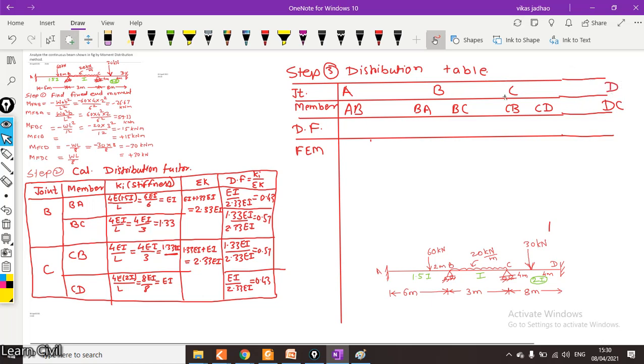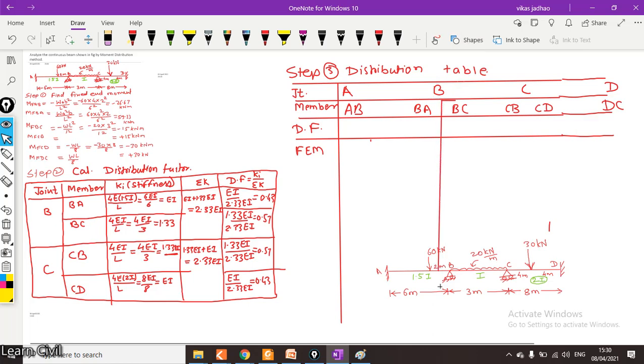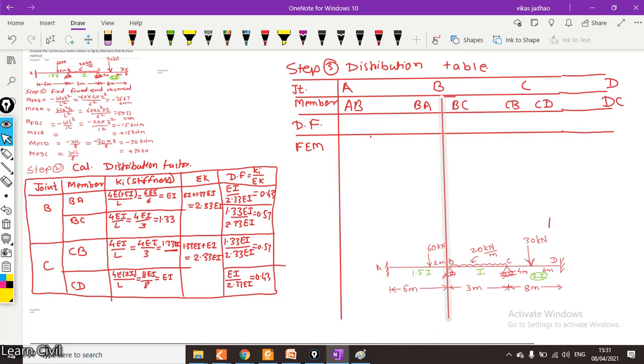Different members are there like this. Draw such lines, and this will be a table.